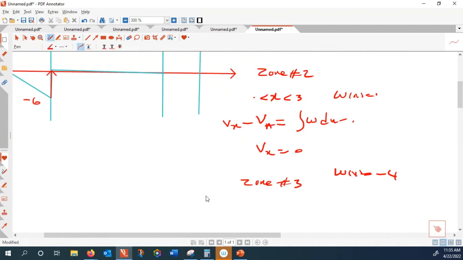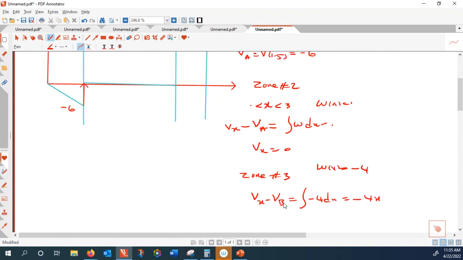And therefore, V of X minus V of B is equal to the integral of minus 4 dx, which is minus 4x. And what is V of B? So please, this is something you can easily make a mistake on.